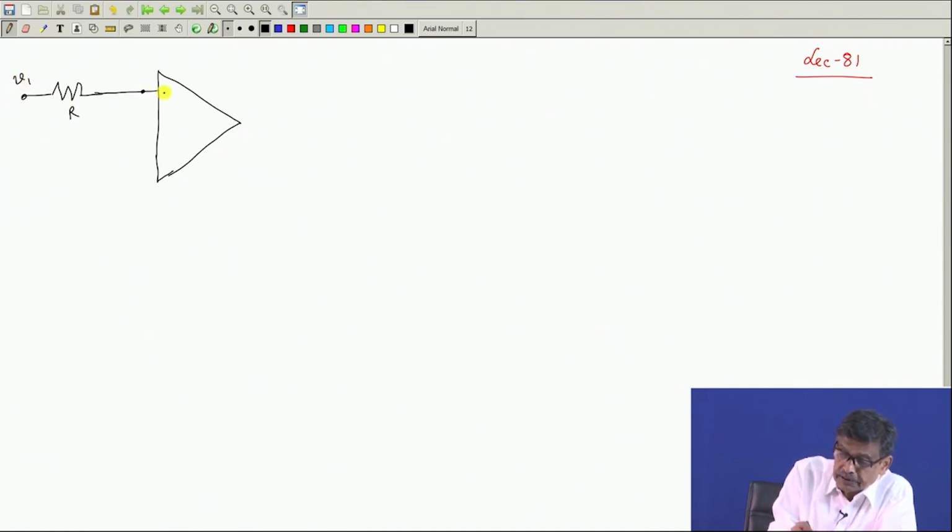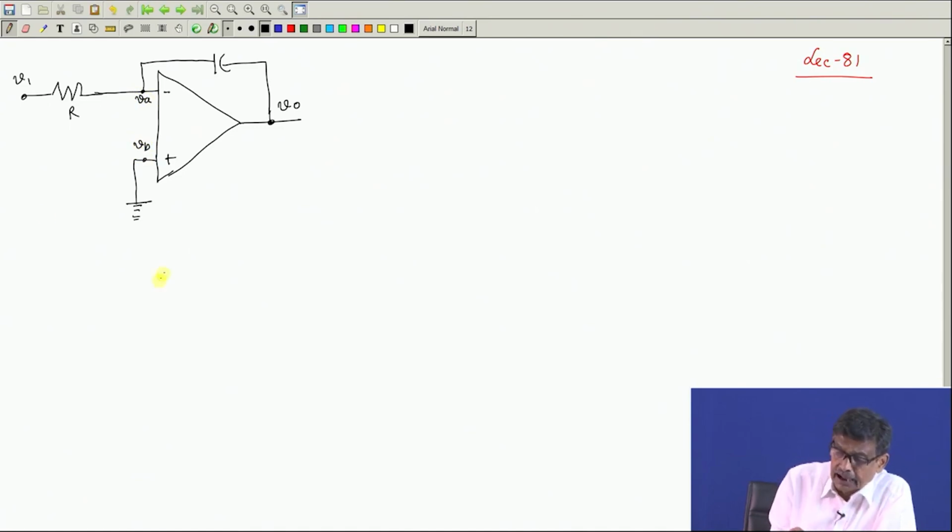This, mind you, is negative, this is plus, and here you connect a capacitor. This will be your output signal and this is grounded. Mind you, this is your VA and this is your VB.